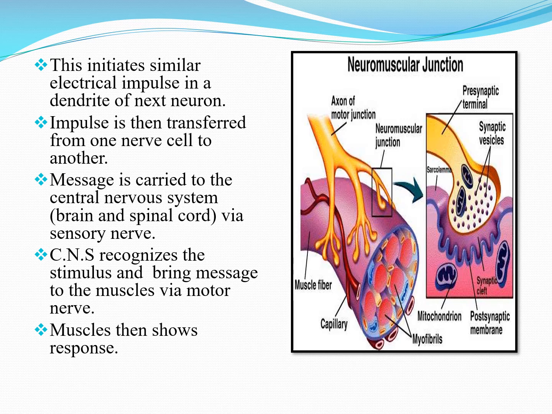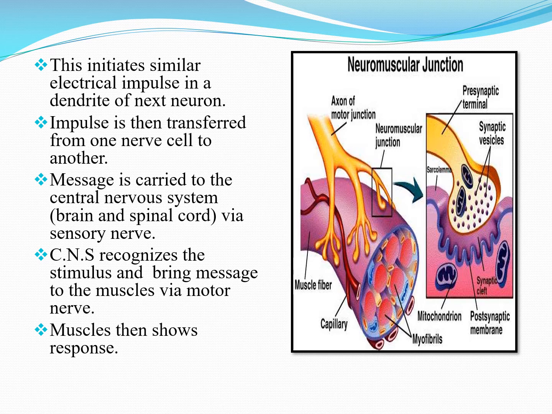Here this initiates a similar electric impulse in a dendrite of the next neuron. The impulse is then transferred from one nerve cell to another. The message is carried to the CNS, that is brain and spinal cord, via sensory nerves. The CNS recognizes the stimulus and brings the message to the muscles via motor neuron.